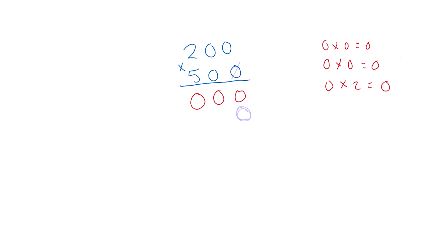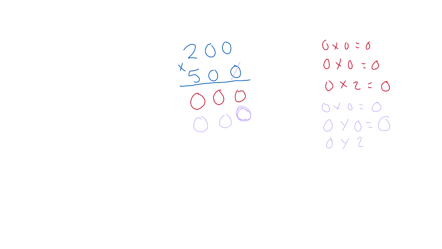0 times 0 again is 0. And then 0 times 0 is 0. And then 0 times 2.